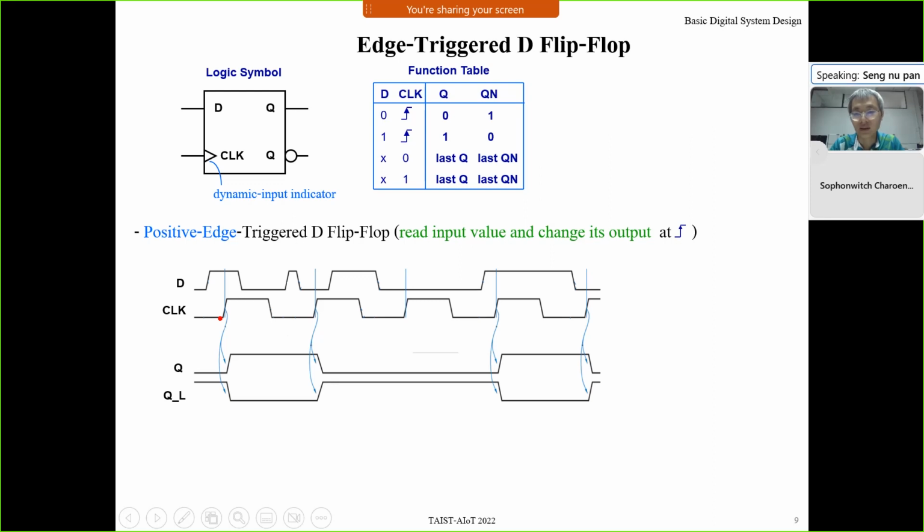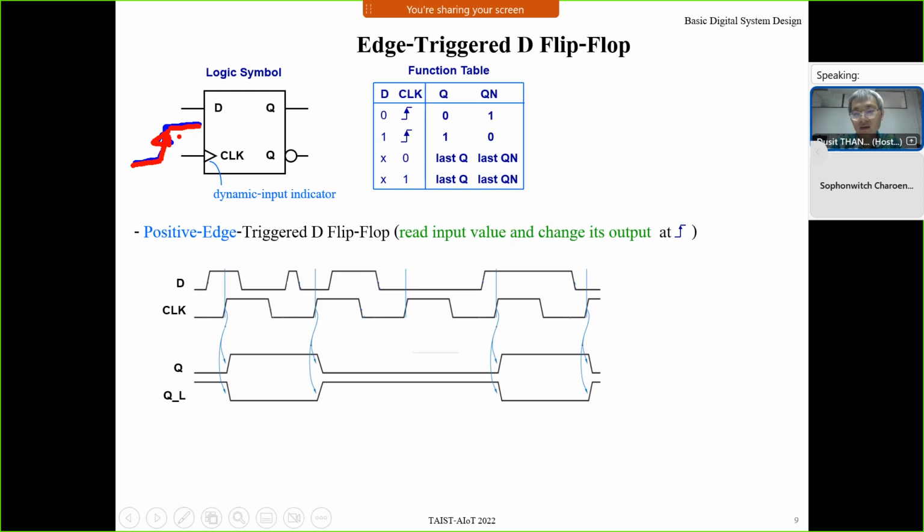At first, for it simple. This is clock, right? If there is no inversion bubble, that means it's positive edge triggered. Namely, in this case, you just consider when the signal changes from low to high, at positive edge.